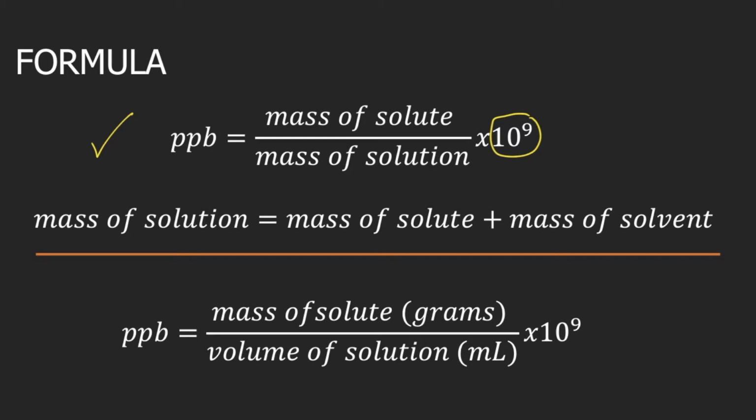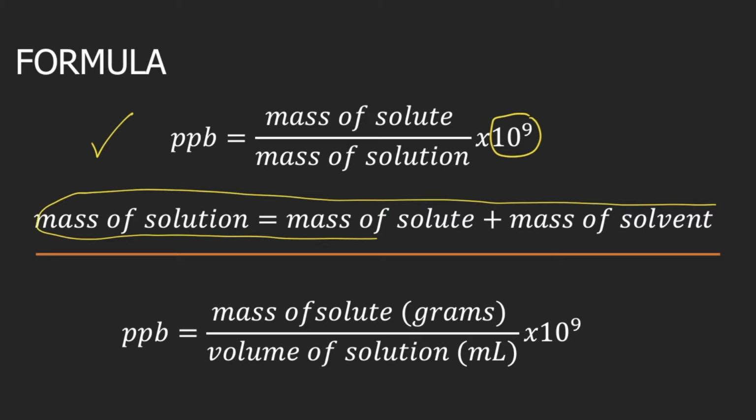If you are using kilograms for the mass of solute, then use kilograms as well for the mass of solution. Okay? And please take note, I already mentioned this a lot of times in my video about parts per million and in my video about mass percent, that mass of solution is equal to mass of solvent plus mass of solute.